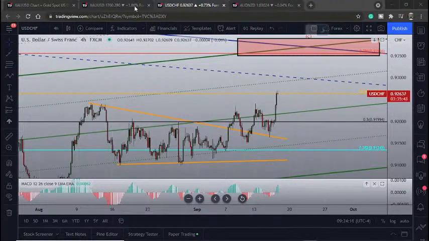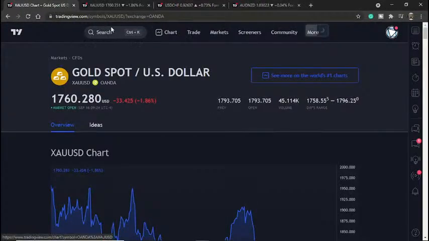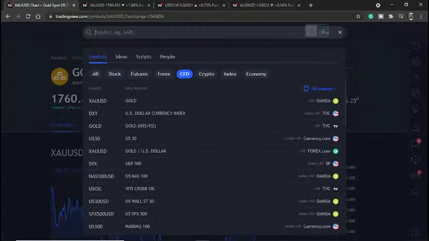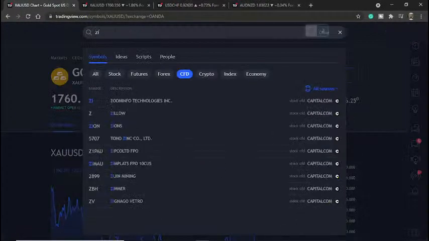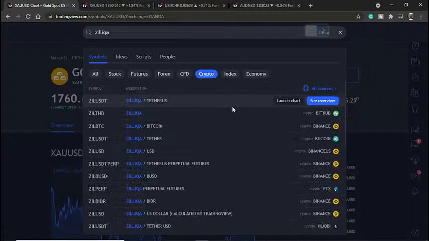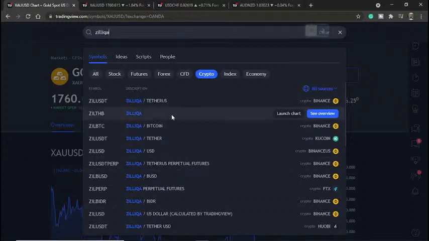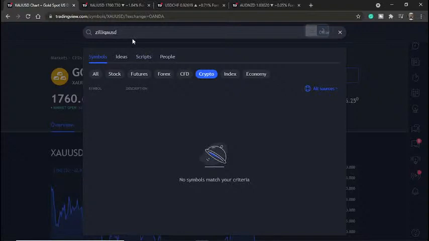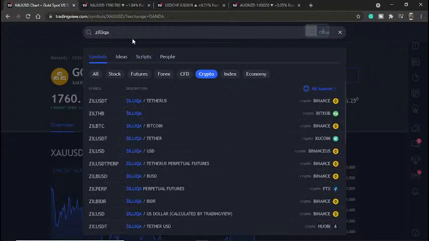Zilliqa, US dollar. All right, let's have a look. And he's using US dollar, USD, on Binance, guys. I just want to open that same image he's got.